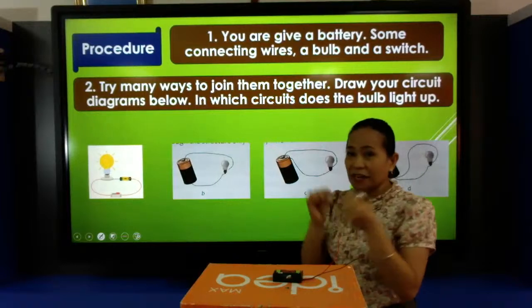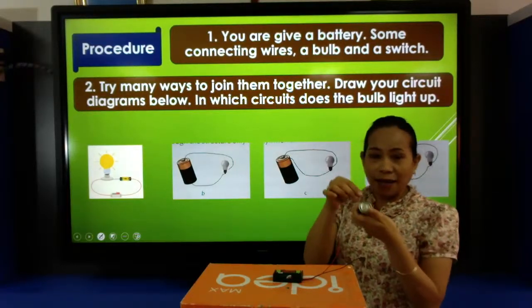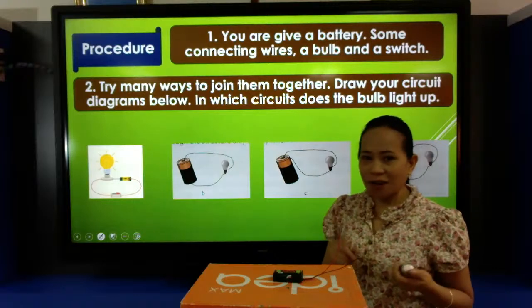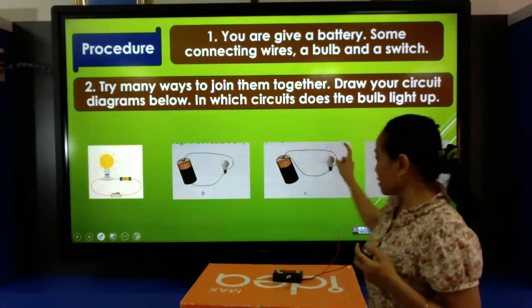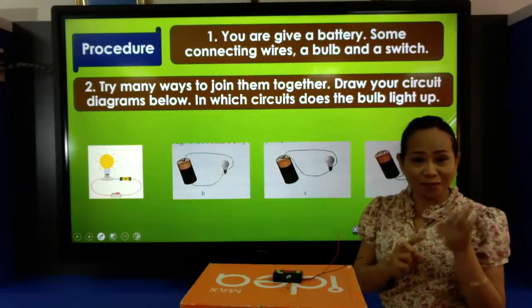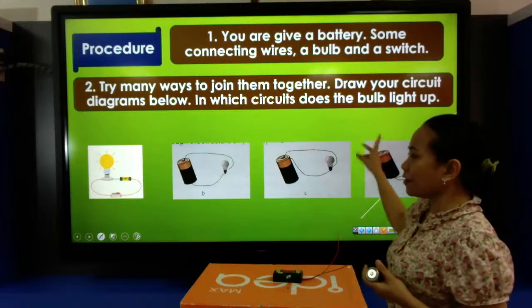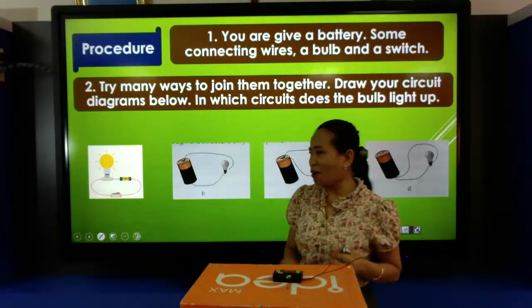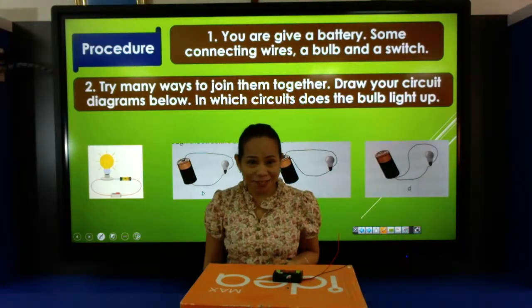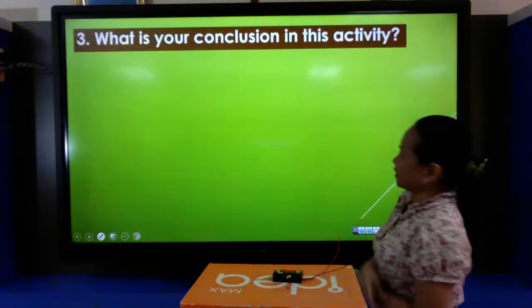For letter C, if both wires are in the same positive terminal, the bulb doesn't light up too. If both connecting wires are in the negative terminal, the bulb doesn't light up. So therefore, the correct way to connect the components is letter A. Easy, right? Okay, let's proceed.